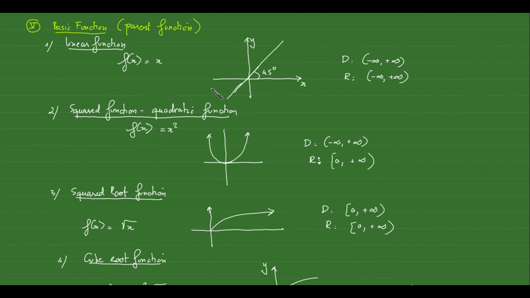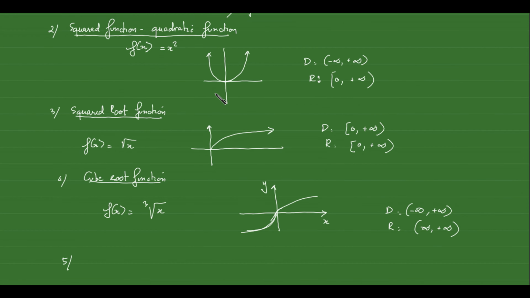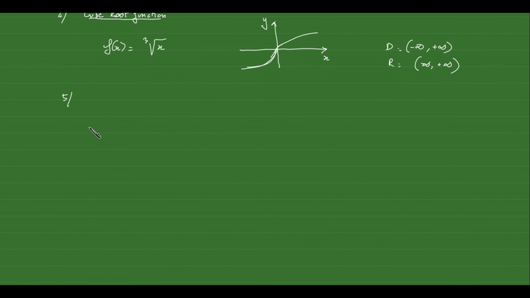Number 5. How many functions already? 1, 2, 3, 4, 5. The next one will be the absolute value function. The absolute value function has the shape of the letter V. I have f of x equals the absolute value of x, and it looks like this, a letter V whose vertex is right at the origin.